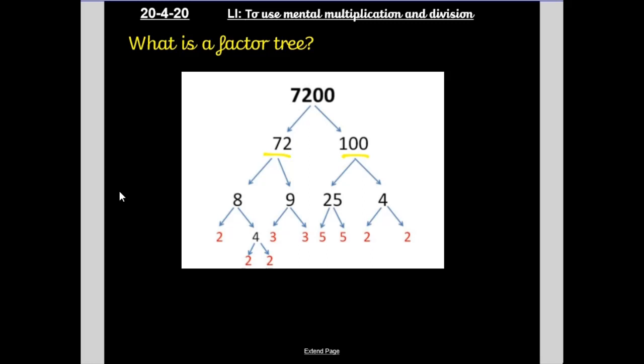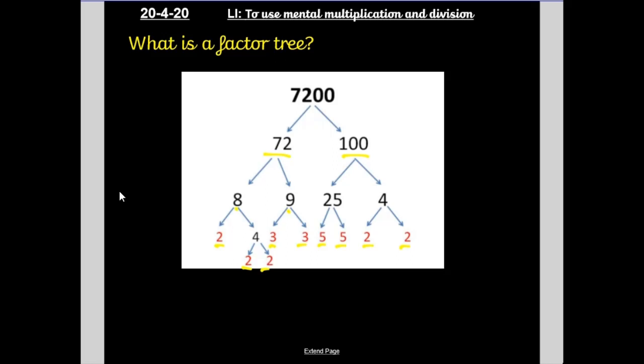Well, one set of factors would be 8 and 9, okay? And I would keep going until I end up with prime numbers on the bottom. Now, this is very key for circles today because this is part of one of your questions, okay?